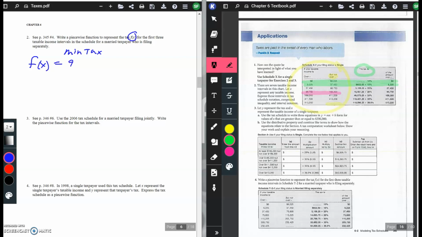So your minimum tax is $922.50 plus our percentage, which is 15%, so 0.15, times X, which is our maximum value. We don't know that max value yet, minus the maximum amount in that category. So the amount over 9,225.